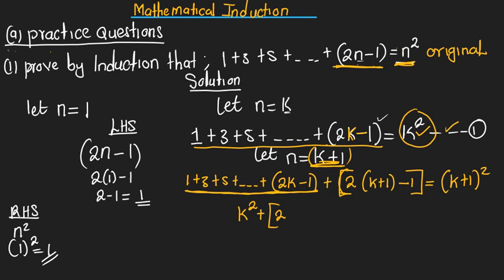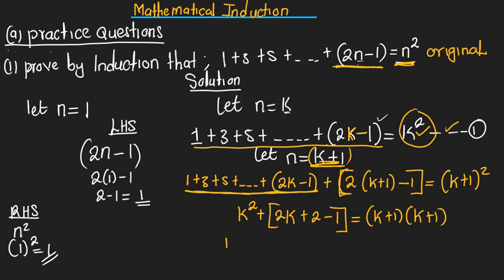Okay. So now, from here, you expand your thing. So 2 multiplied by k is going to be 2k. 2 multiplied by 1 is going to be 2. Then minus 1. Then this is going to equal to, you're just expanding things like that.